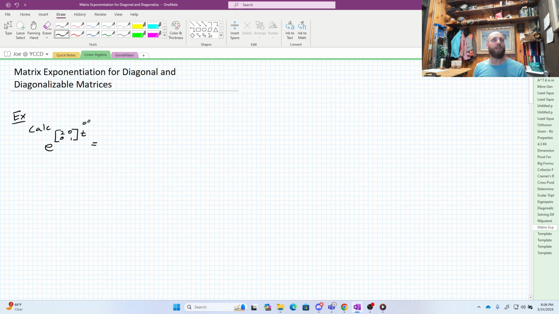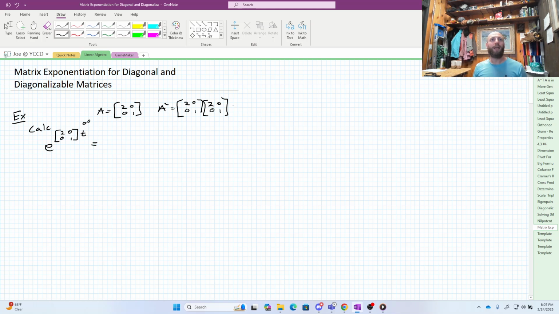So I'm looking at this matrix and I'm thinking, okay, what are powers of this matrix? A is [2 0; 0 1]. A squared is going to be [2 0; 0 1] times [2 0; 0 1].